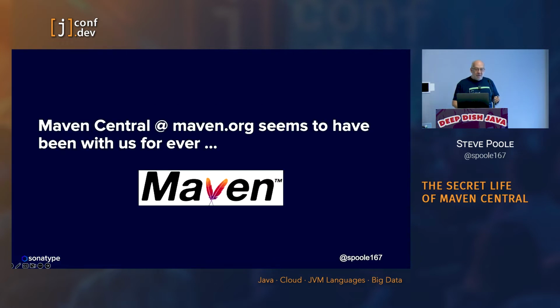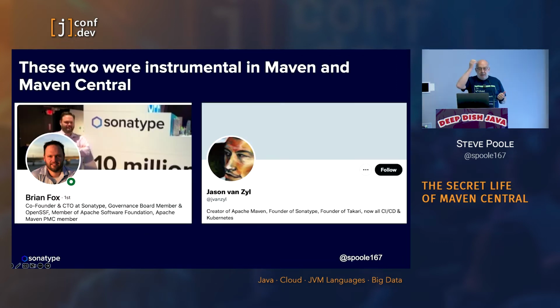So the first thing is Maven Central. Well, who knows? How many people here knew that Sonatype ran Maven Central? Okay, so a lot of you are going, it's not surprising, because Maven Central, we think it's been around forever, because, well, it pretty much has as far as Java is concerned. It was created by these two guys, Brian Fox and Jason Van Zyl.